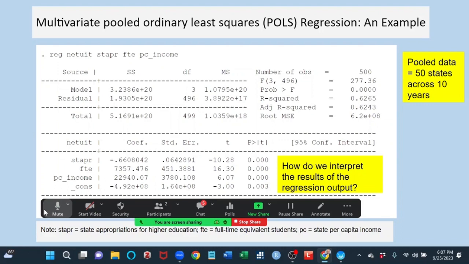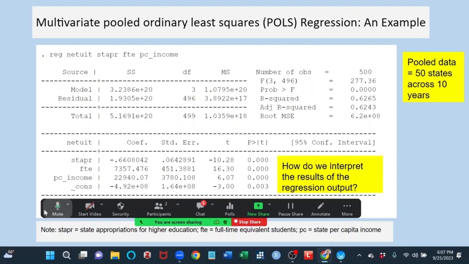Okay, so this is for FTE now, so it's a positive relationship between net tuition revenue and FTE enrollment, full-time equivalent student enrollment, right? So that's expected, right? As you enroll more students, you get more tuition revenue. This is per capita income, state per capita income.